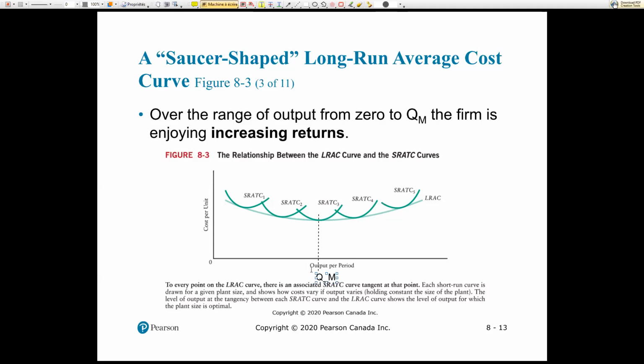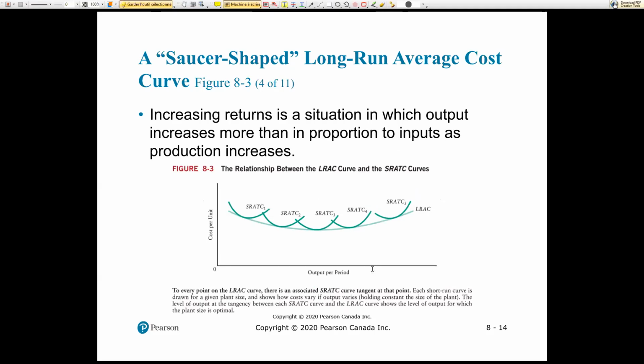All right. And then again, this is the situation in which output increases more than in proportion to input as production increases, so we're always talking about this section there.